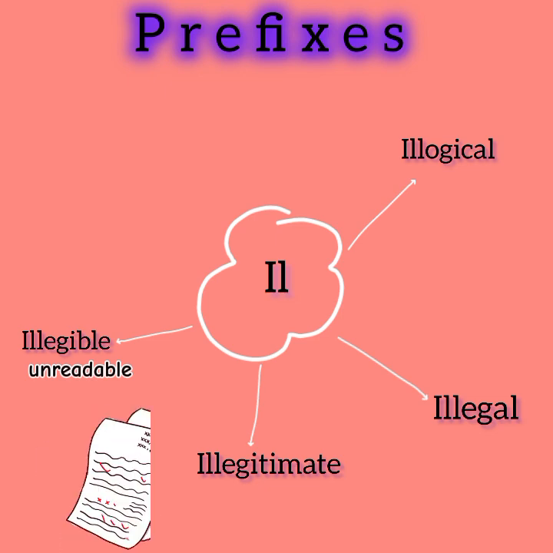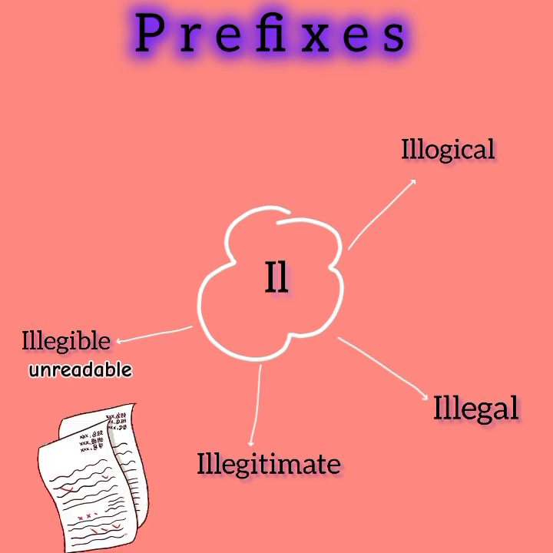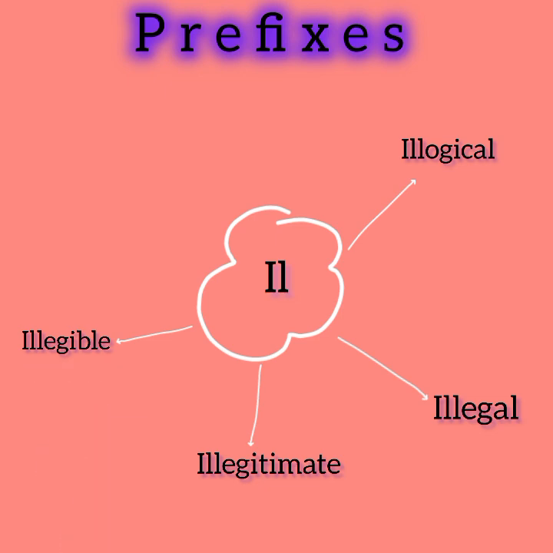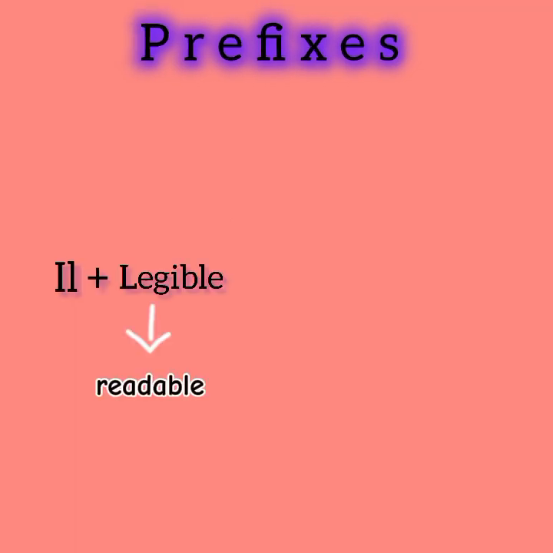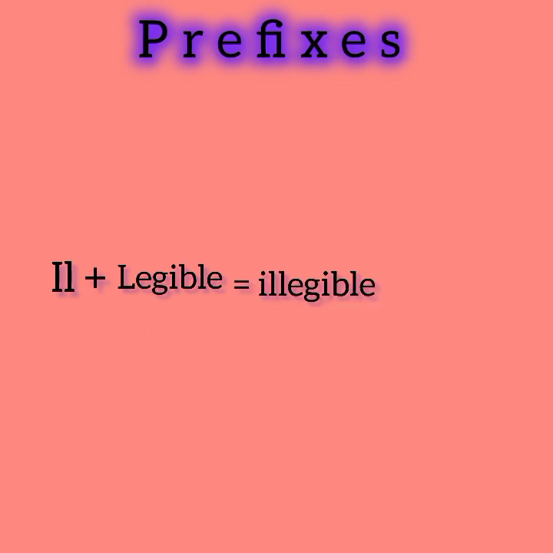It usually represents the handwriting or text that cannot easily be deciphered. It is again a combination of two words, il and the word legible. Legible means readable, and when we add il to it, it becomes illegible, which means unreadable.